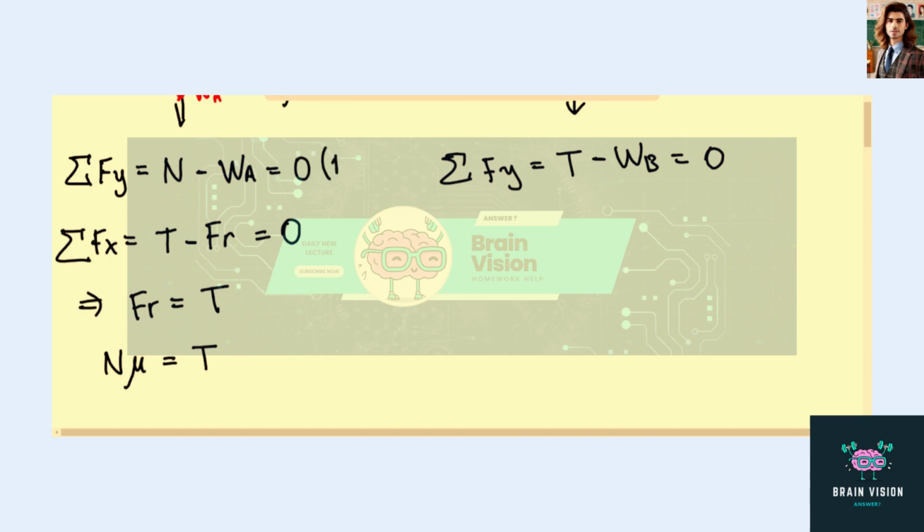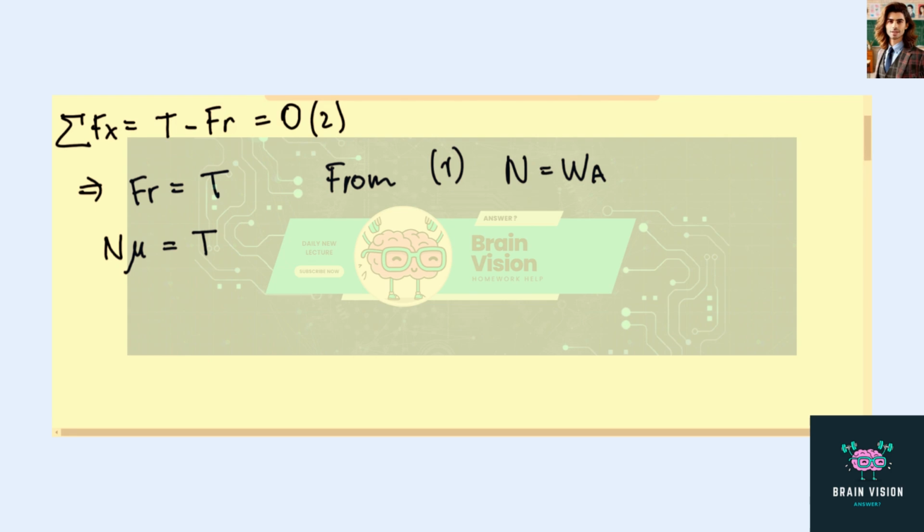We label these equations 1, 2, and 3. From equation 1, we obtain that the normal force is equal to the weight of block A. Substituting this, the weight A times the coefficient of friction is equal to the tension.